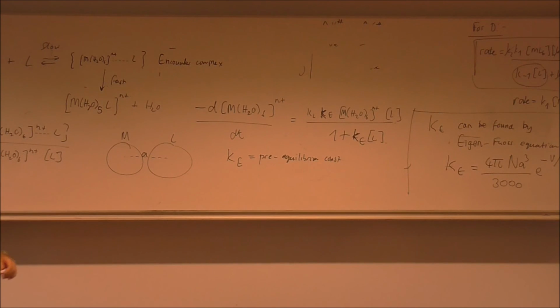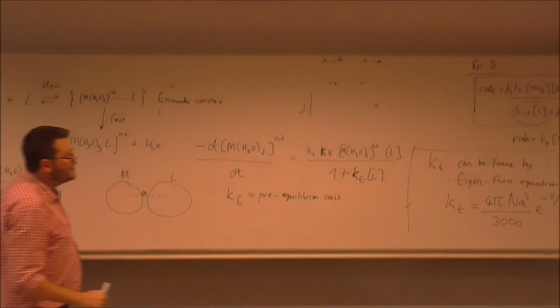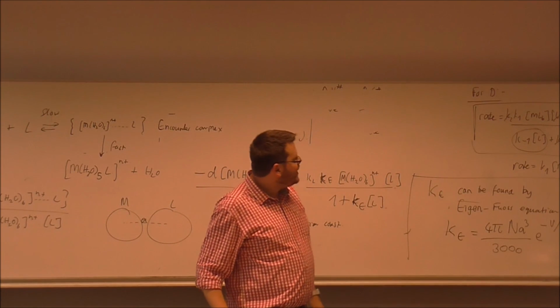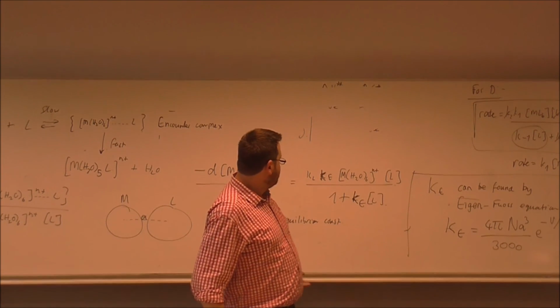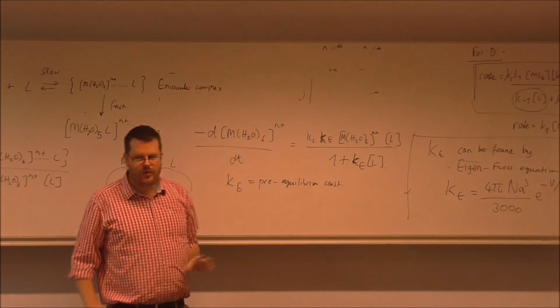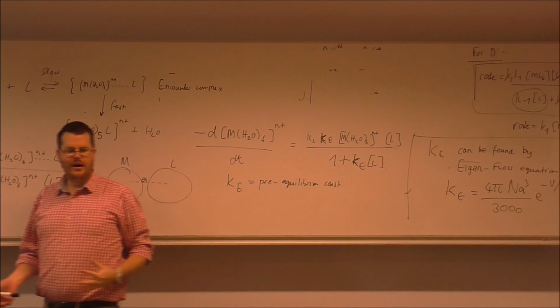And what's the consequence of that? If we look at the rate law of the Eigen-Wilkins mechanism, if Ke is increased in size, what is the consequence for the overall rate?